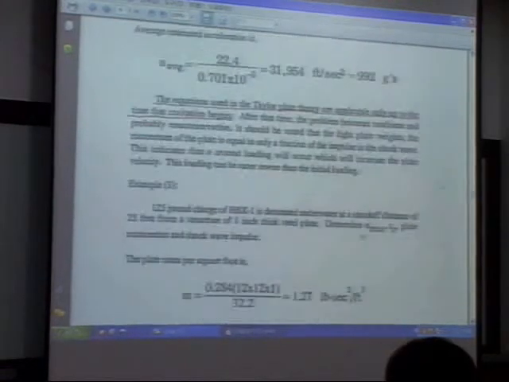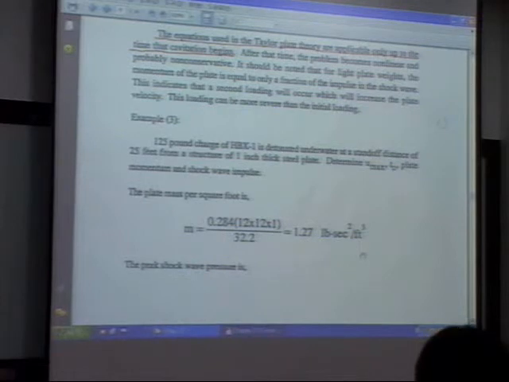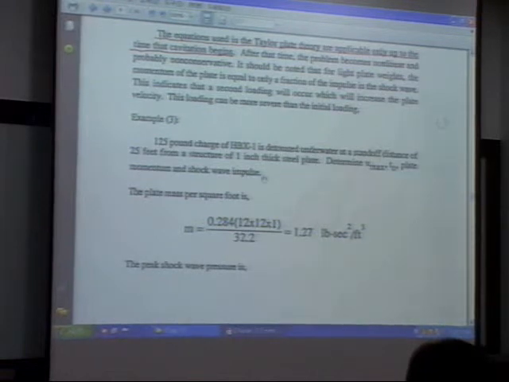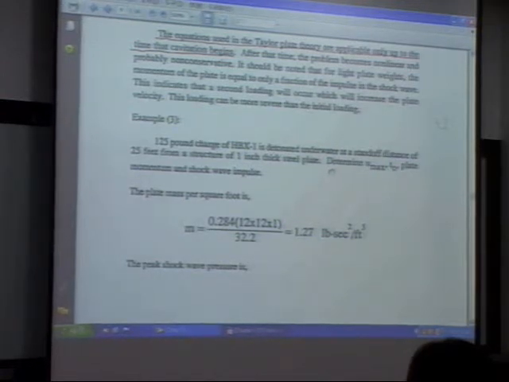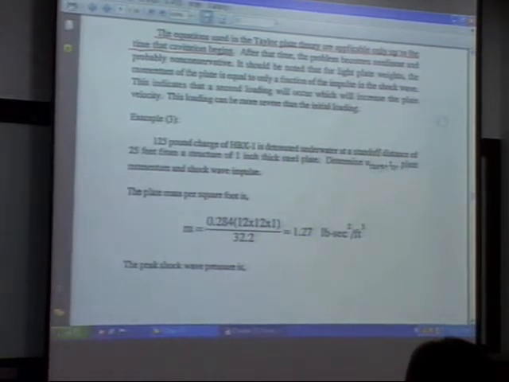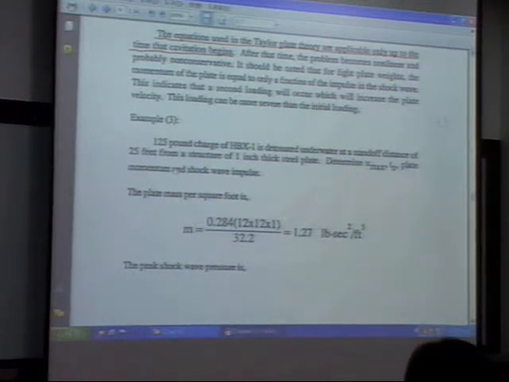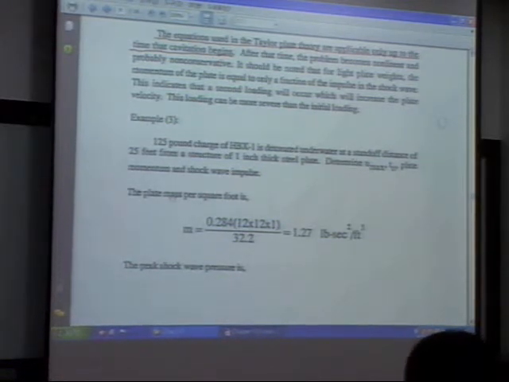Then example number 3. A 125-pound charge of HBX-1 detonates at the standard distance of 25 feet, and the structure is a 1-inch thick steel plate. Determine U max, T naught, and plate momentum. What does plate momentum mean? And shock wave impulse.